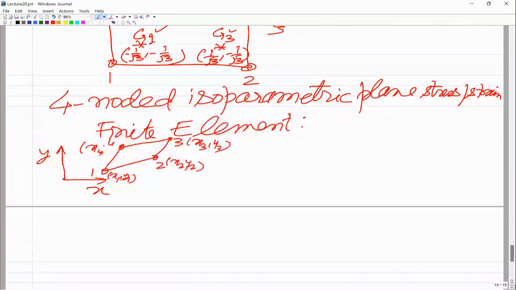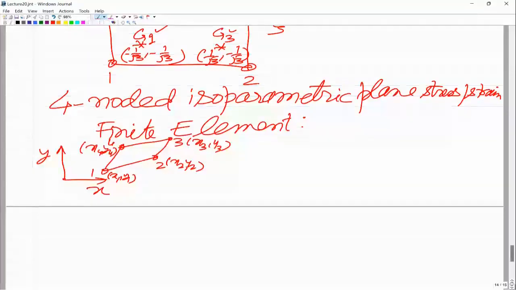These coordinates will come as input. When you use a package, you create the geometry, and then the discretization that you call meshing. When you mesh, the software generates the nodal coordinates and the element connectivity. Of course, if it is your own code, then you have to give that as an input, or you have to have a subroutine which does this.